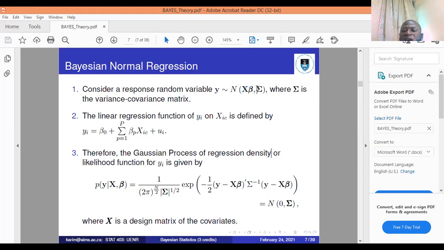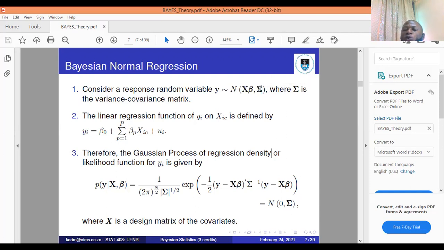And then the variance, of course, is going to be a matrix with zeros in the upper diagonal and zeros in the lower diagonal. So we'll have variances in the diagonal of the matrix. We use sigma to represent the variance covariance matrix.